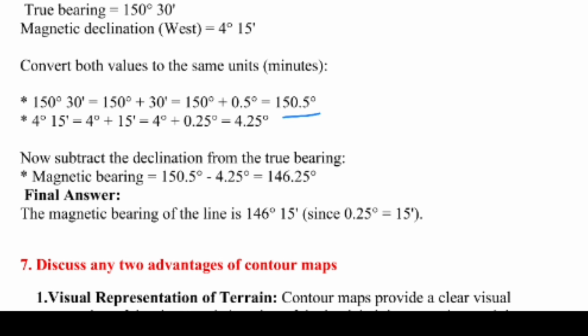Same way 4 degrees 15 minutes: 15 minutes is 0.25 degrees, so you will get 4.25 degrees. So the final answer, the magnetic bearing is the true bearing minus the declination, that is 146.25 degrees. Here 0.25 is 15 minutes, so you will get the final answer as 146 degrees 15 minutes. You can convert, or you can directly do it, you will get the answer.